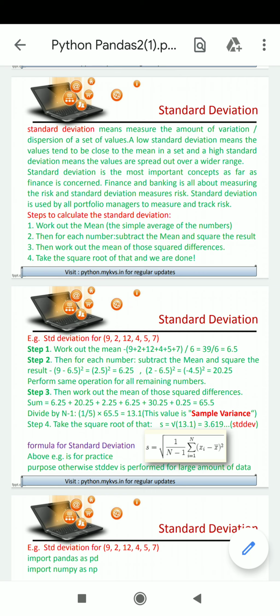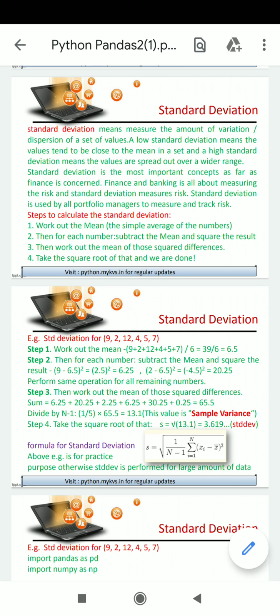Don't hesitate about those. So we find the mean, subtract each value from this mean, then work out the mean of these squared differences. Subtract the mean and square the result.